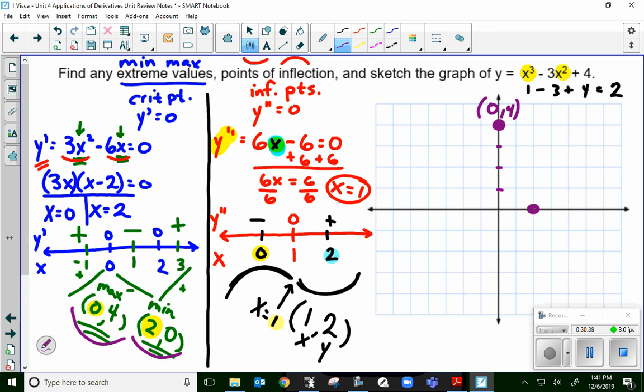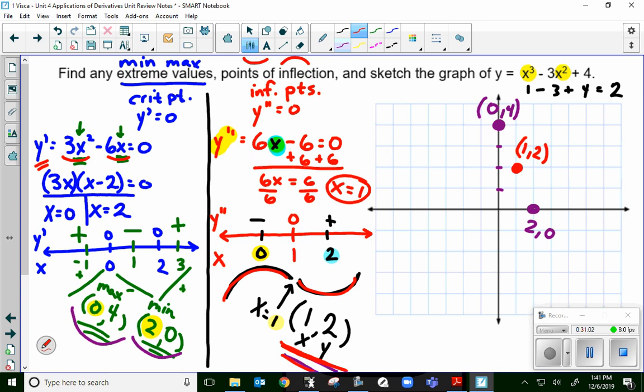That should be my minimum, a valley. Then at the point 1, 2, let me do that in red, this is where I should change from sad to happy.